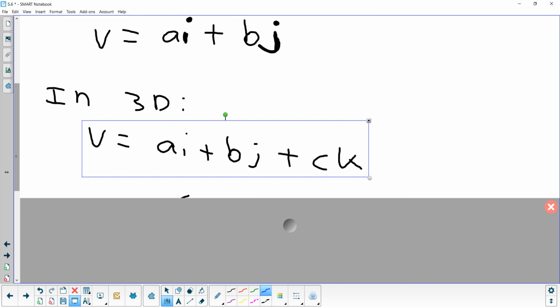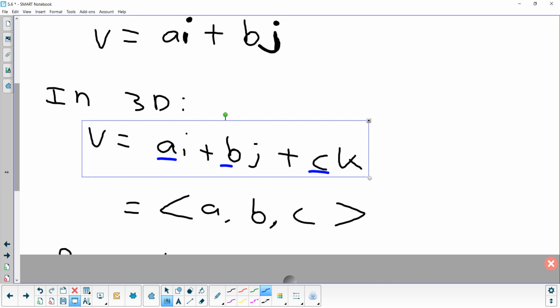So if you don't want to write a vector with the I, the J, and the K, you can use just the numbers, the A, the B, and the C, but you'd have to write it like that. It's almost like the less than and the greater than. So you can write a 3D vector exactly the same way you write a 2D. Okay, two different ways.